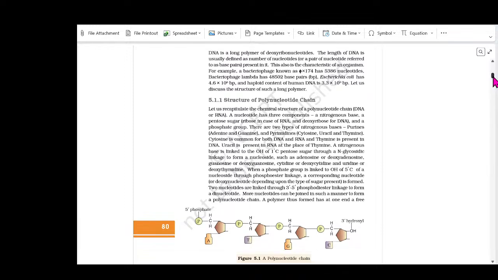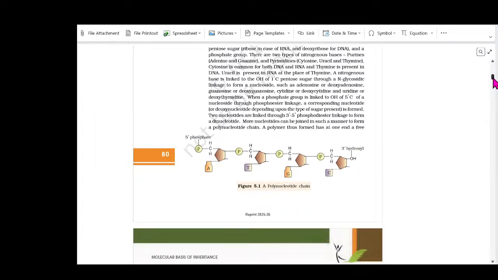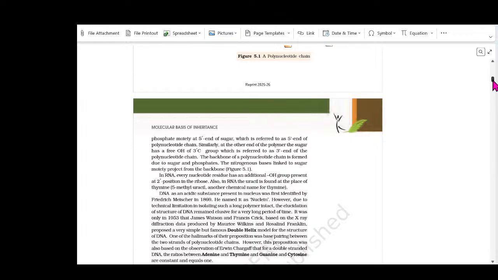A polymer thus formed has at one end a free phosphate moiety at the 5 prime end of sugar, which is referred to as the 5 prime end of the polynucleotide chain.